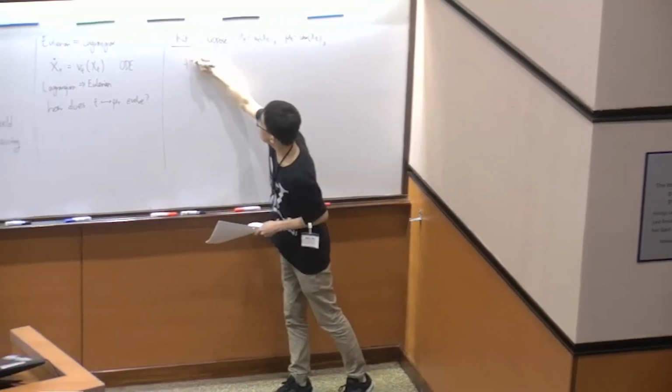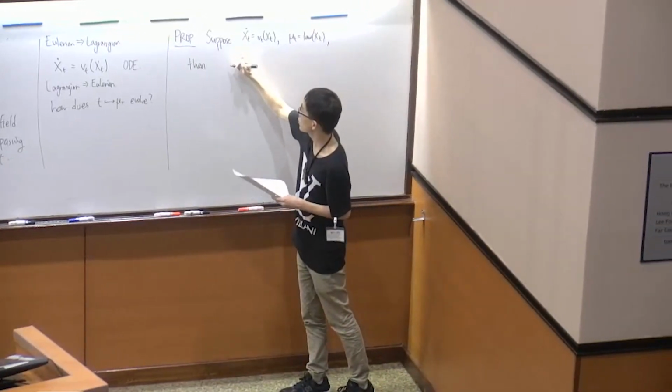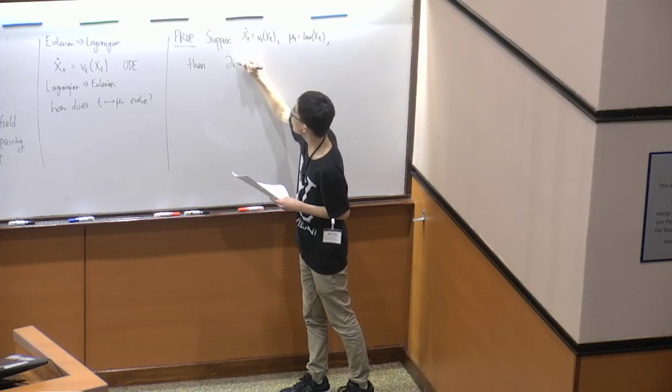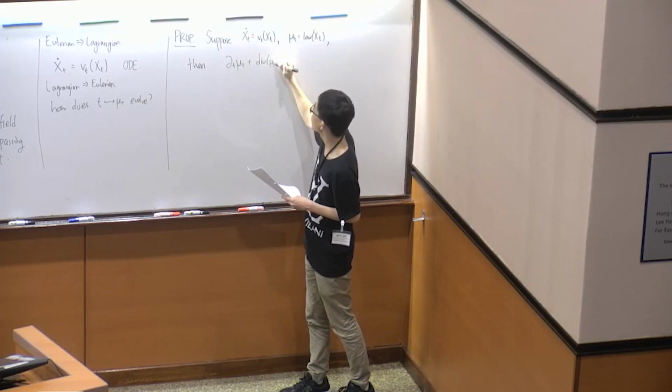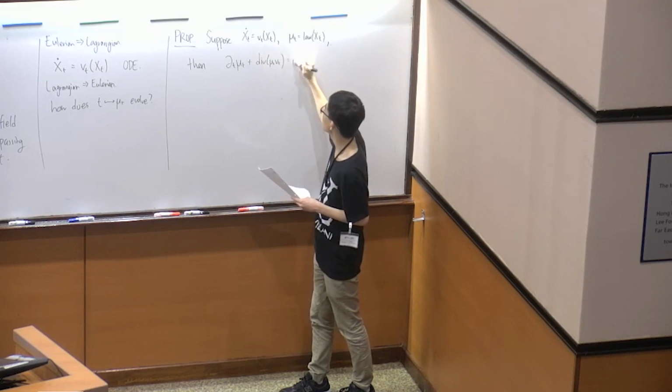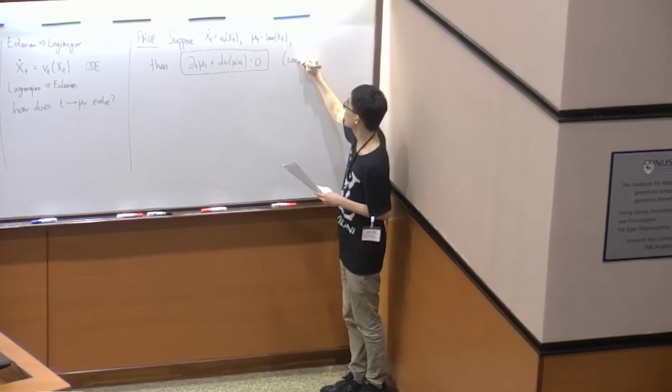Then the evolution of mu t is given by the following equation: partial t mu t plus the divergence of mu t vt is equal to 0. So this is known as the continuity equation.